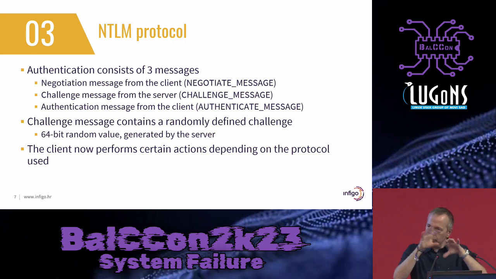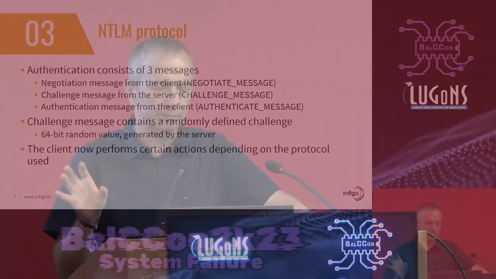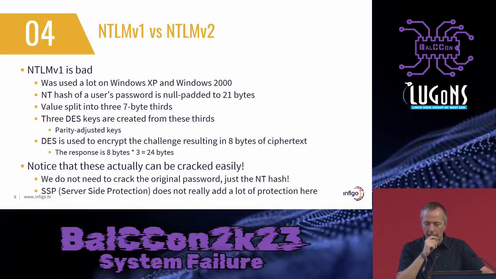Now your laptop calculates something, because it knows your password, and sends back a so-called authenticate message. The server now verifies if the calculation is correct, and if it is, the server knows that you know the password. We'll see what it looks like on the network in a second. The challenge that we use here to calculate something as proof of knowledge of our password is usually just an 8-byte value, a 64-bit random value. Again, we'll see that in a second.